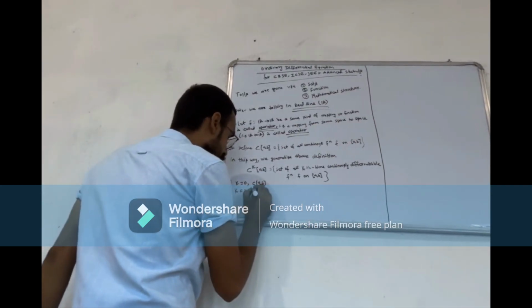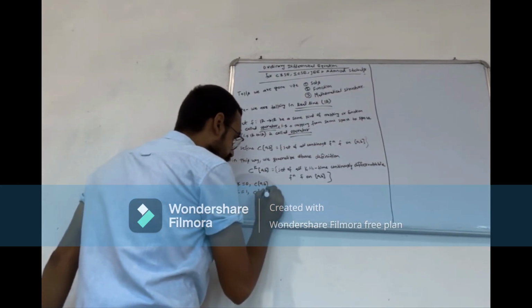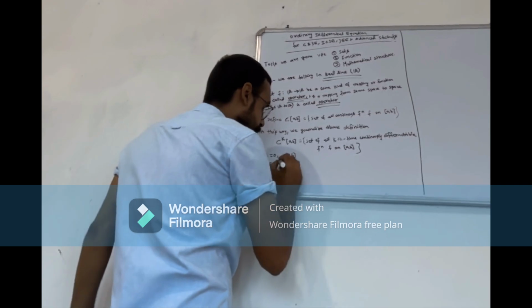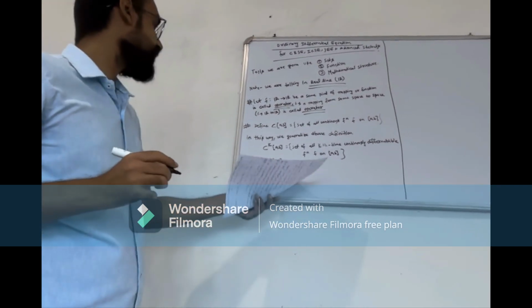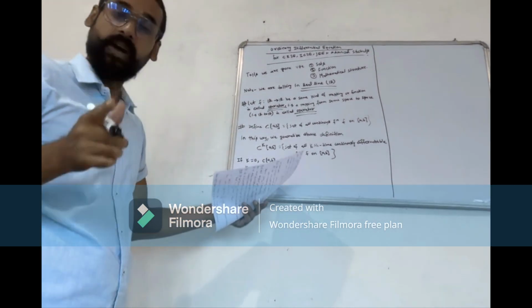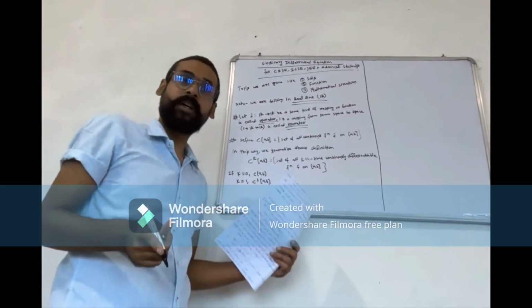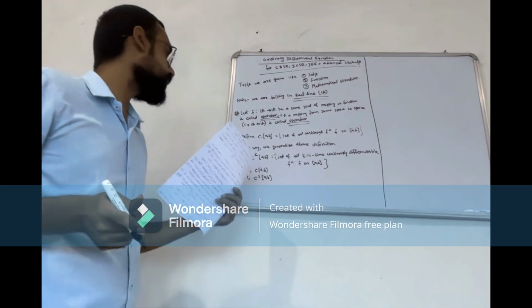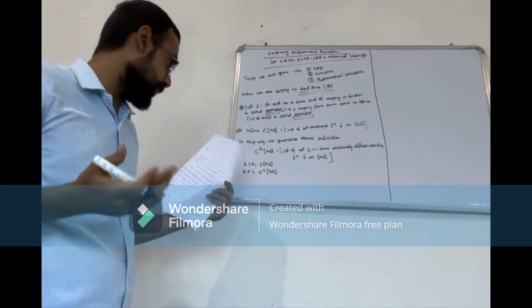K is equal to 1, C1 of AB. This is the set of all once continuously differentiable functions defined on AB.